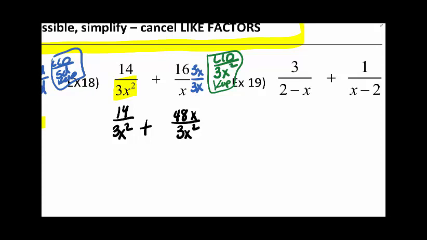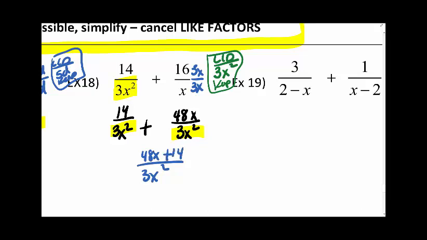Don't cross anything out here, because again, remember your goal. Your goal is not to cross anything out until it's a single fraction. So now the denominators match. We keep the denominator. We add the numerator, and in this case, if we scan it, be careful. Nothing is a like term, and I'm going to go ahead and put it in descending order. This would be 48x plus 14.